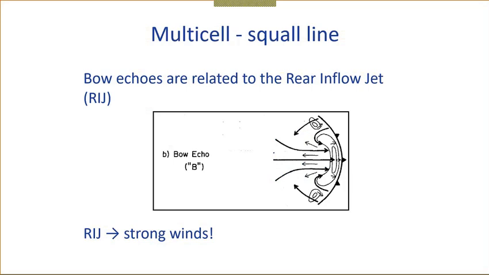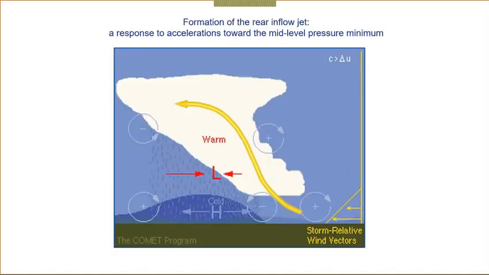One of the factors is that sometimes a real rear inflow jet will develop, and that can lead to some extra wind finally at the ground. Those rear inflow jets are very important because they can easily add 15 or 20 knots to your estimated wind gust based on the other factors.